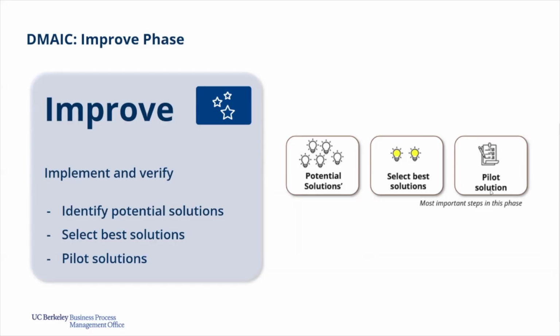Now, I want to call out this pilot solution because one of the questions that came up was about thinking of a longer end-to-end process. If I make a change here and there are unintended consequences down the road, I might want to test or pilot a solution so that we can check: did we get the results we expected? Did we have any unintended consequences?